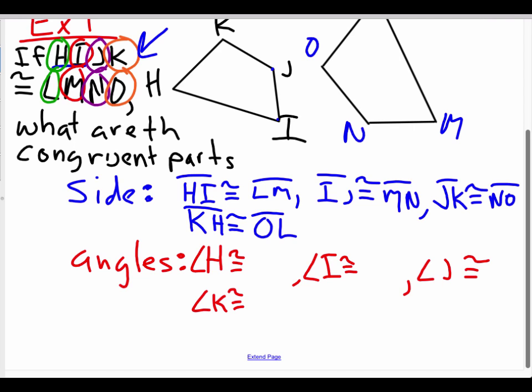So angle H corresponds to angle L, I corresponds to angle M, J corresponds to angle N, and K corresponds to angle O. So now, I think what the author of the textbook was doing is they purposefully mirrored or flipped that polygon to kind of confuse us, to force us to think about how we label the corresponding parts.